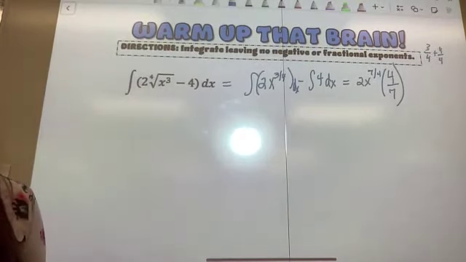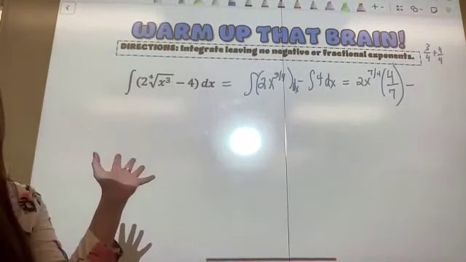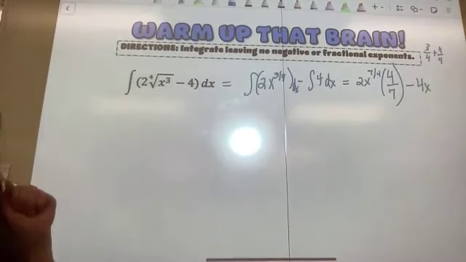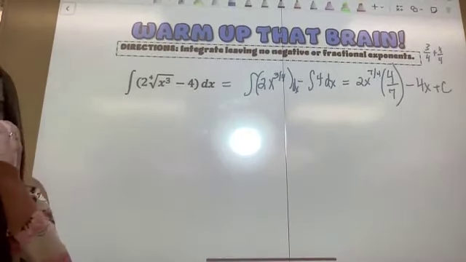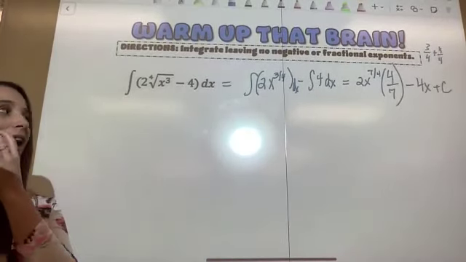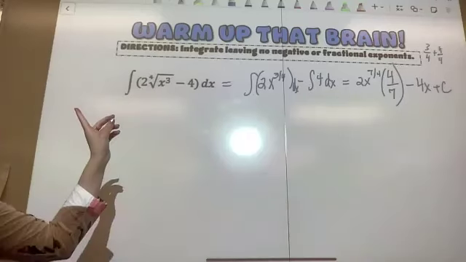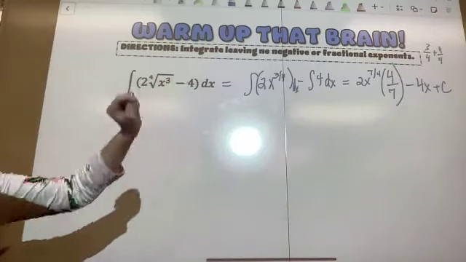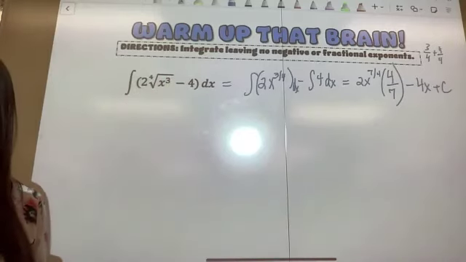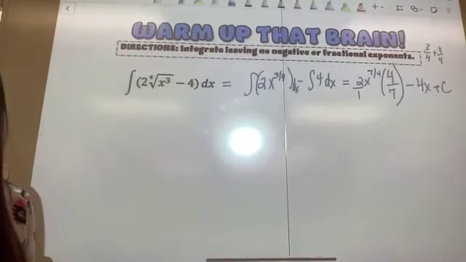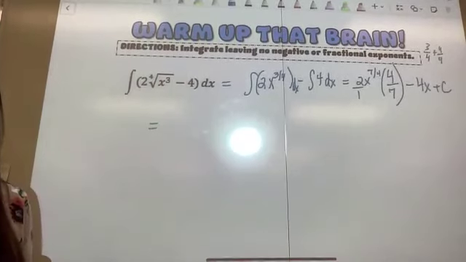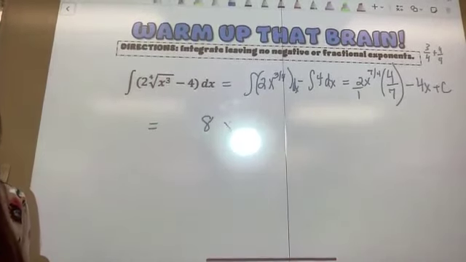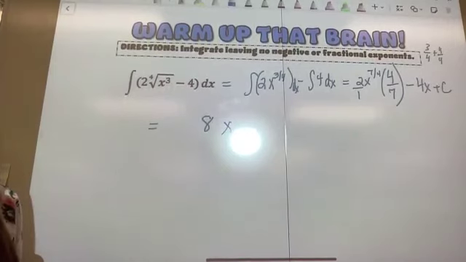And then minus the integral of 4 is just 4x, and then plus c. I'm not done because I need to make sure I have no fractional exponents. I don't have any negative exponents, but clean it up. What's 2 times 4/7? 8/7. And x to the 7/4 becomes the what root?